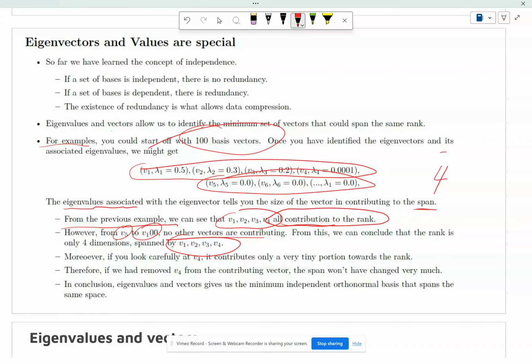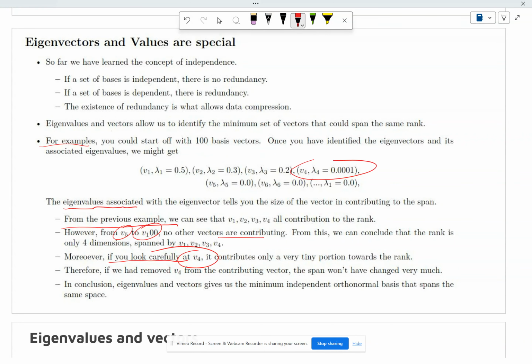And there are 96 dimensions that are really redundant and not contributing to anything. Moreover, if you look carefully at V4, it contributes very, very little. So this is doing basically nothing. Therefore, if we remove V4, the span is really not going to change that much.